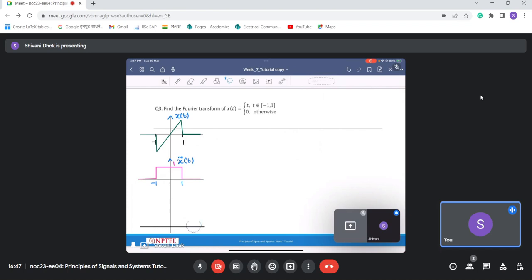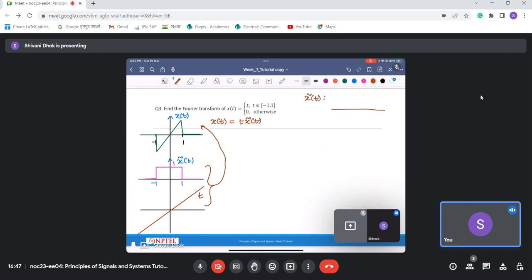And now let us consider another signal, which is nothing but t. So if I multiply these two signals, I'll get this signal. So x(t) is equal to t into x̃(t), where x̃(t) is simply the signal that we had considered in the previous question when the value of b is equal to 1. So this is the signal from minus 1 to 1 with magnitude 1. Okay, so this is what we are having.